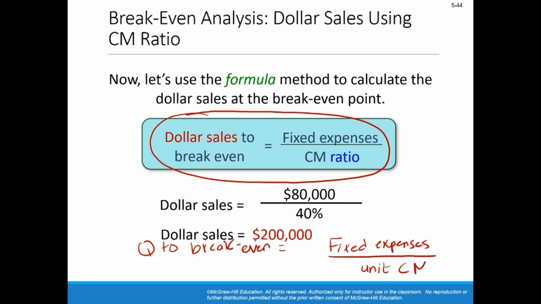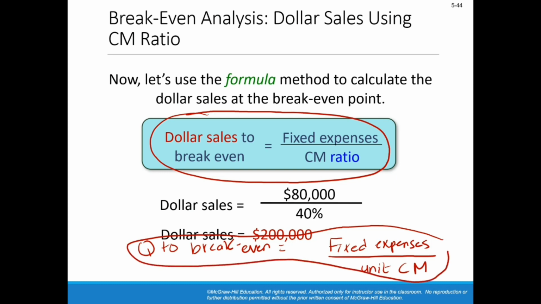So again, I'm trying to stress this as much as possible and whenever relevant: if you want to get quantity, you will use the formula with unit CM. If you want to get dollar sales to break even, you will use the formula with CM ratio. And the numerator is always total fixed cost or expenses.